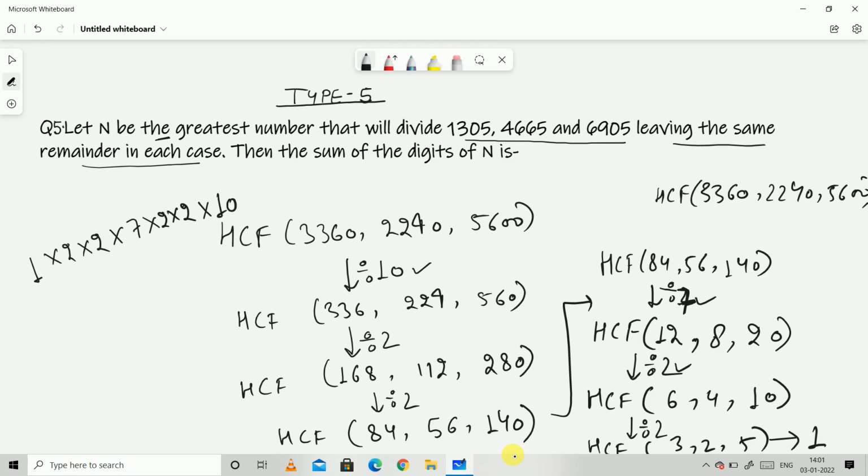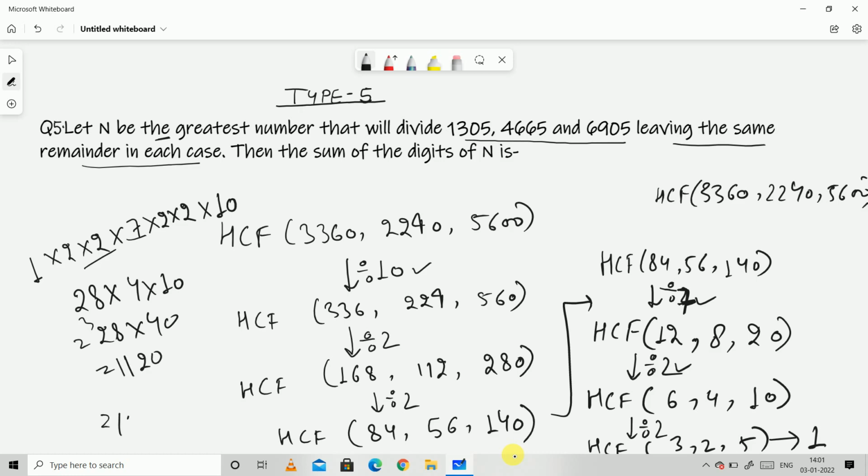So what I will get here is 4 7s are 28 into 4 into 10, which is nothing but 28 into 40. So 4 8s are 32 and 4 2s are 8 and 3 11 and 0.